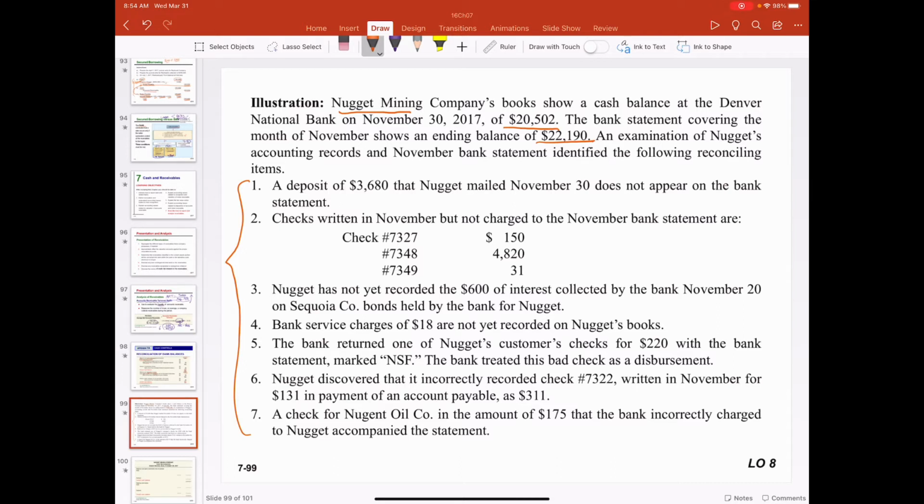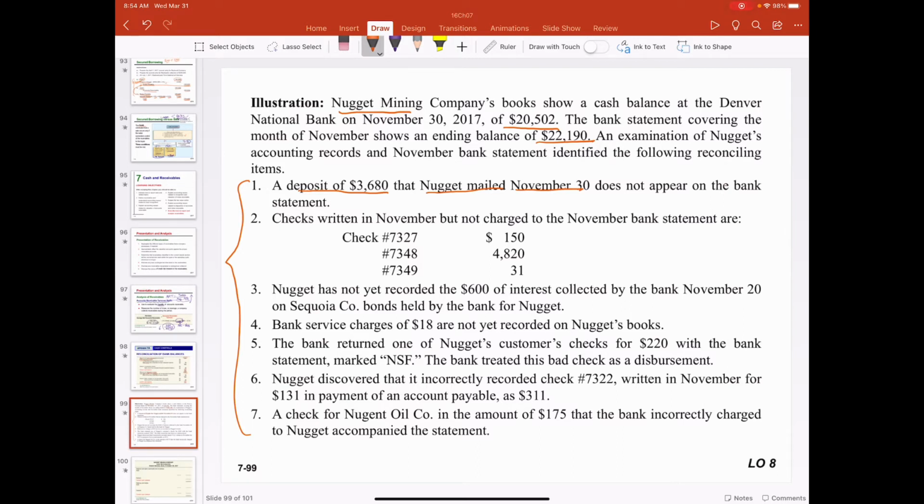The first one is a deposit that the firm mailed but does not appear on the bank statement. The firm mailed this deposit, so it will record this $3,680 in its own book, right?